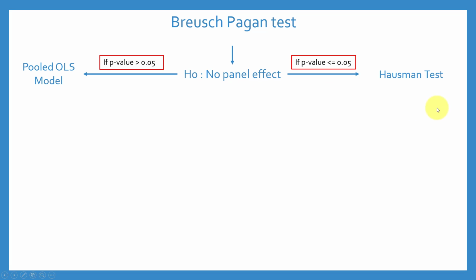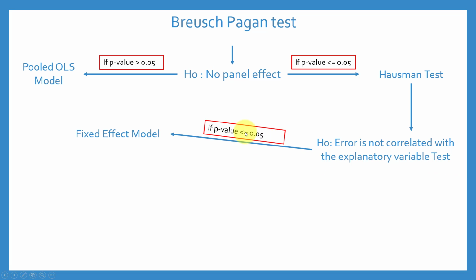And hence we would have to use the Hausman test, where the null hypothesis is that the error term is not correlated with the explanatory variable. And if the p-value of this Hausman test is less than or equal to 0.05, then we reject this null hypothesis, and hence there is a correlation or covariance, and hence we cannot use the random effect model.